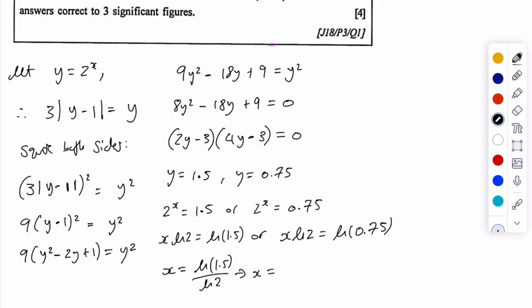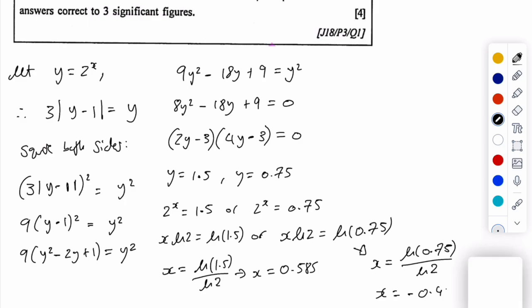So x equals 0.585. And over here, we've got x equaling ln 0.75 over ln 2. So negative 0.415. Okay, so these guys are going to be your two answers, and I said to give it to 3 significant figures, which we've done.